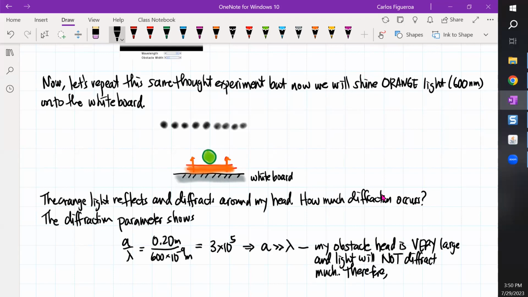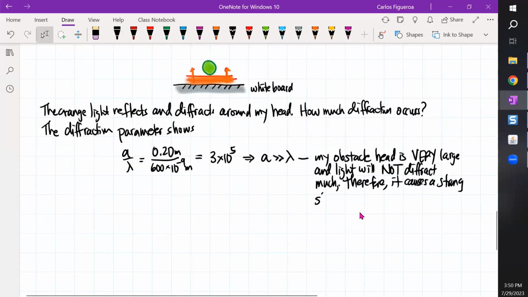Therefore, it causes a strong shadow region.